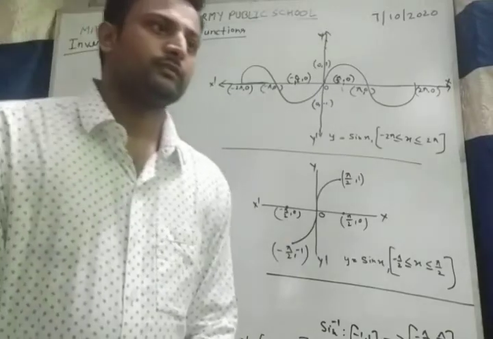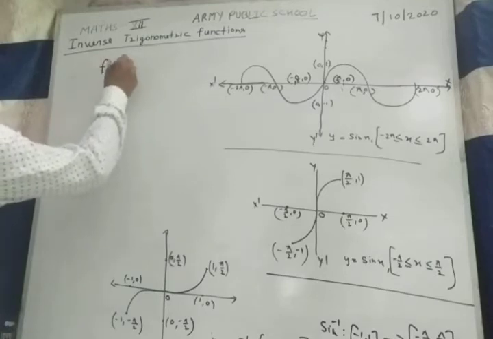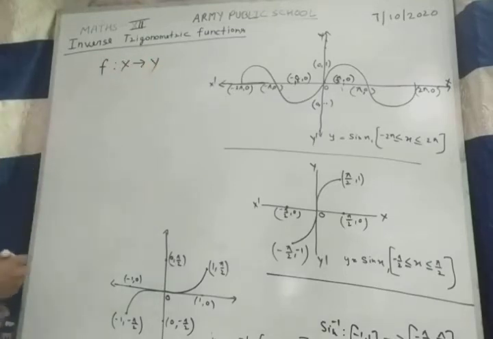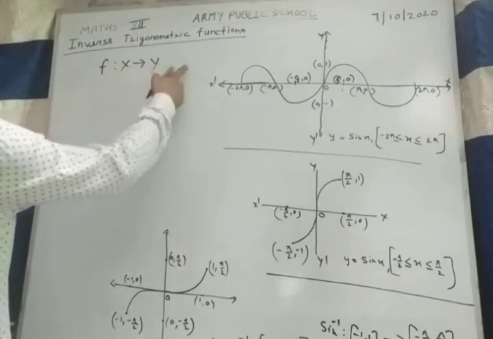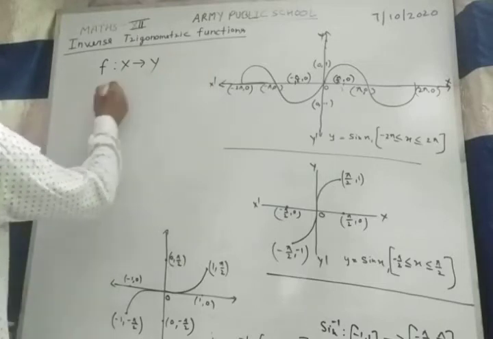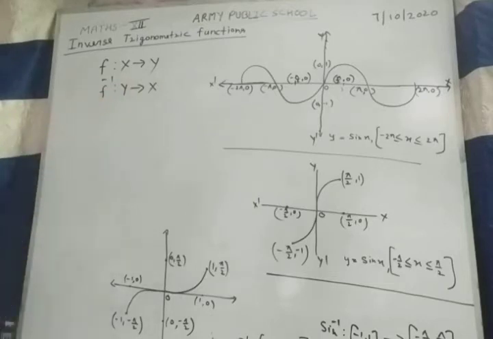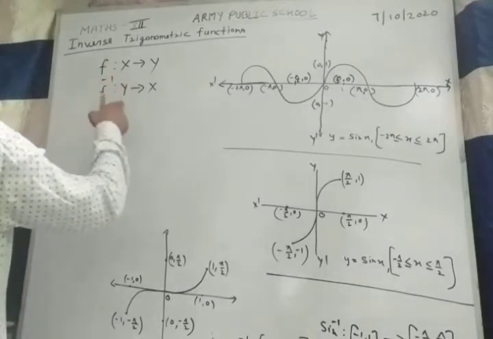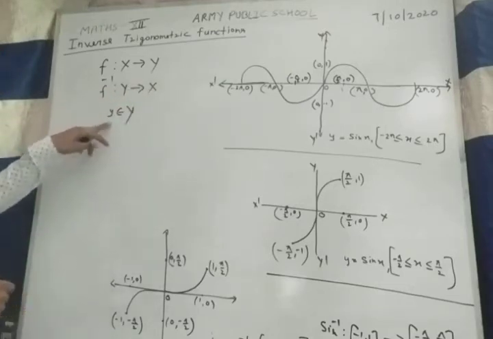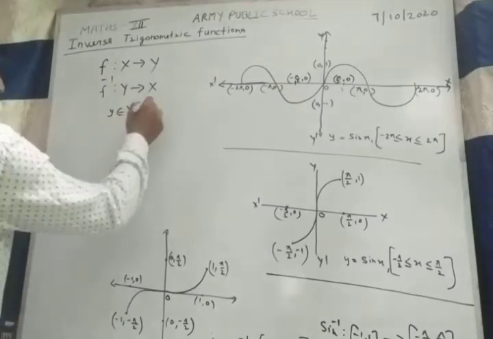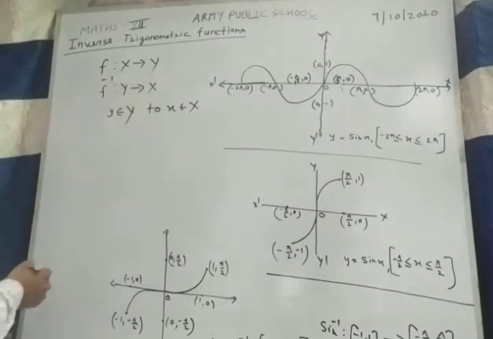What is an inverse function? If a function f from X to Y is one-one and onto, then there exists another function f inverse from Y to X such that for each element y belonging to Y there is a unique element x belonging to X. This is called the inverse function.